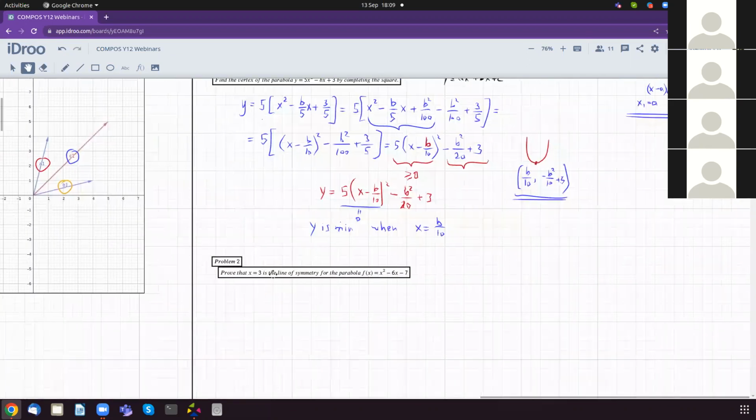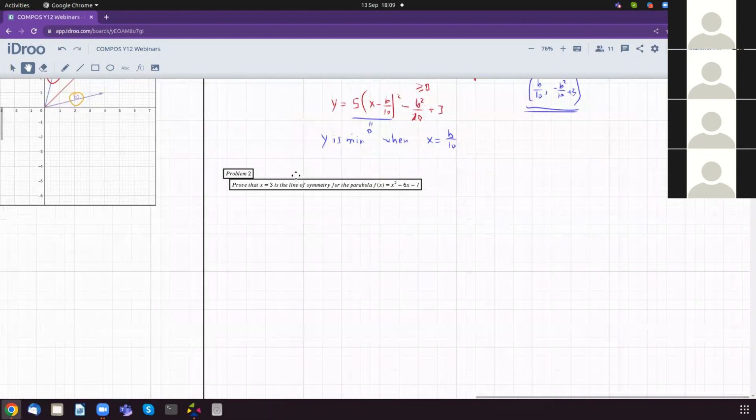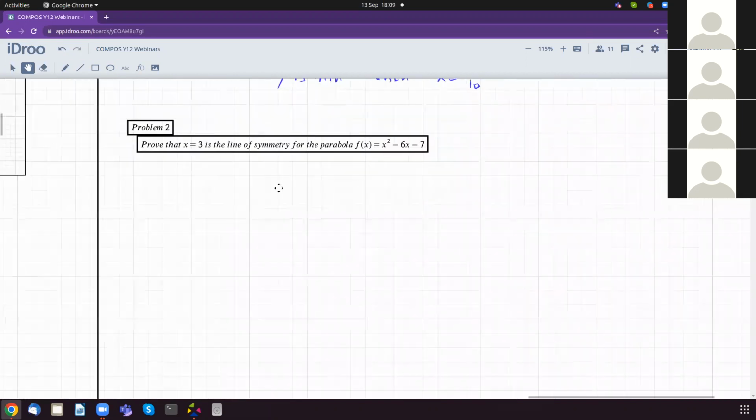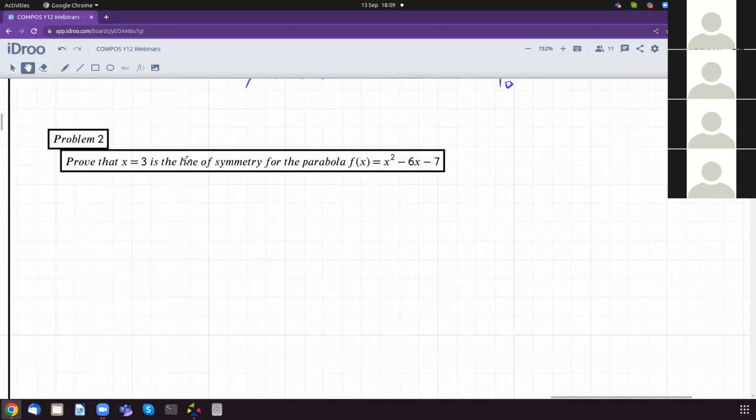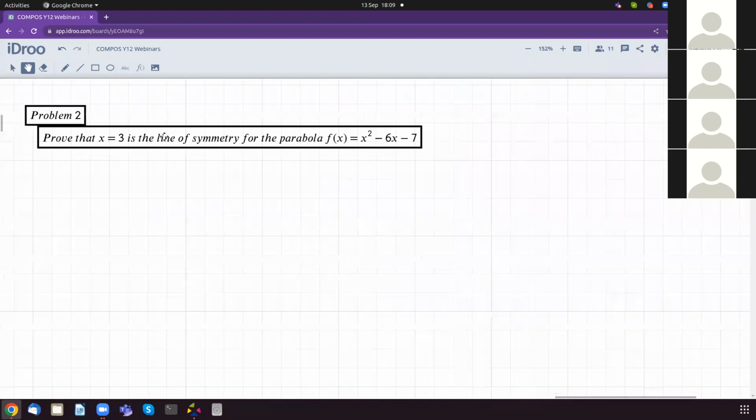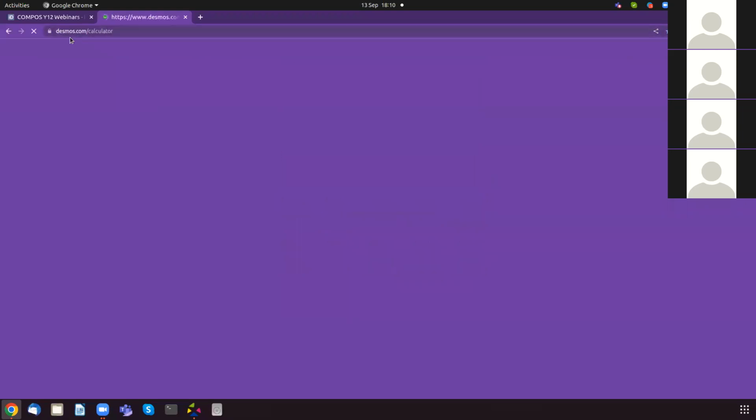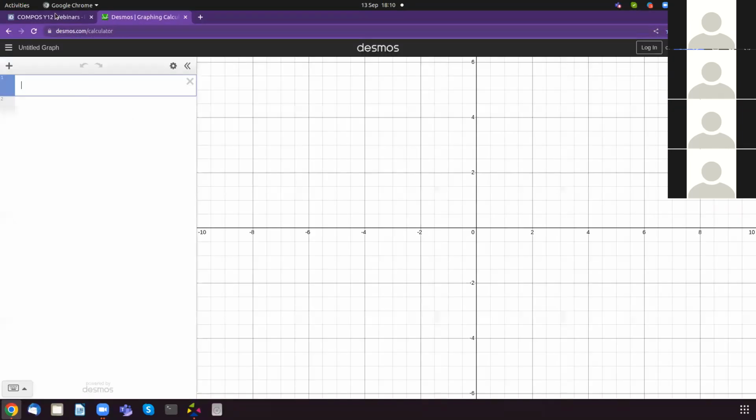Right. So moving on to problem 2. So we have a parabola, and they say x equals 3 is the line of symmetry. So let's just verify that. This is a very powerful tool. Let's verify this using a graphing calculator.